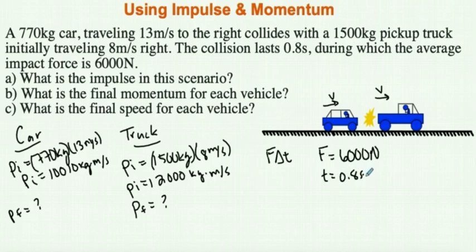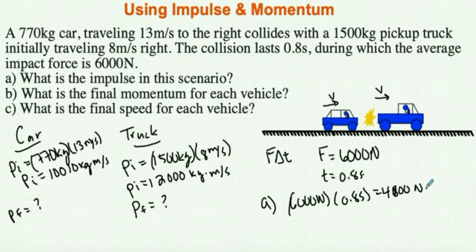So we're given some information that we can just use to figure out our impulse. So A, the impulse, is just going to be F delta T, which is 6,000 newtons times 0.8 seconds, which is 4,800 Newton seconds.